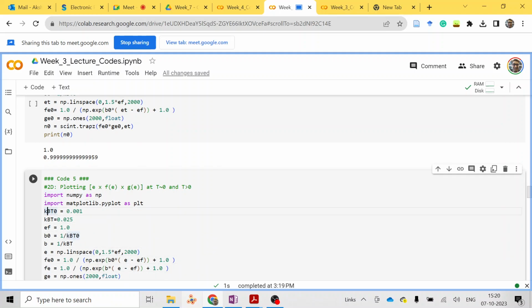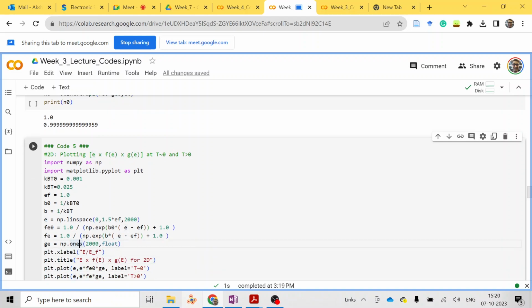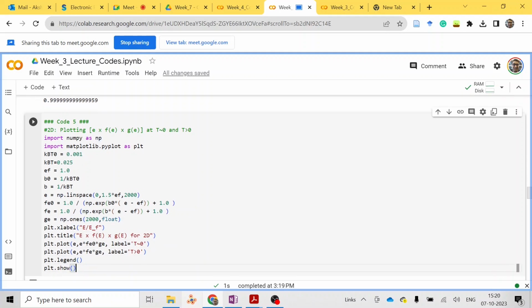I have taken 0.001 as well, you can take a small value, and all the rest of the things are just the same. You just have to change the density of states, because for 2D it is just a constant. So I have taken np.ones 2000 float. You can just take this.